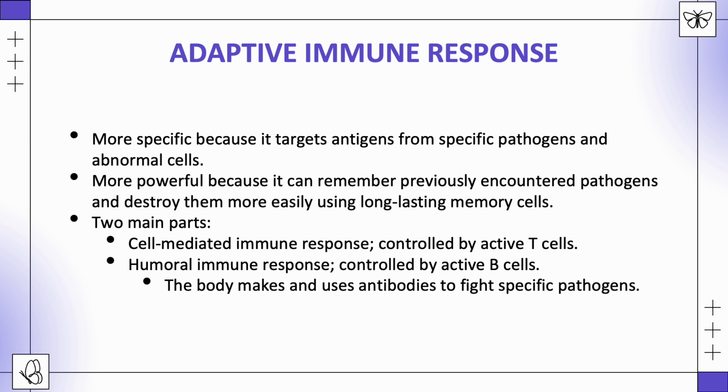There are two main parts. First is the cell-mediated immune response, which is controlled by the active T cells. And then we have the humoral immune response, which is controlled by the active B cells. The body makes and uses antibodies to fight specific pathogens. The antibodies are involved in the humoral immune response of the adaptive immune response of our immune system.